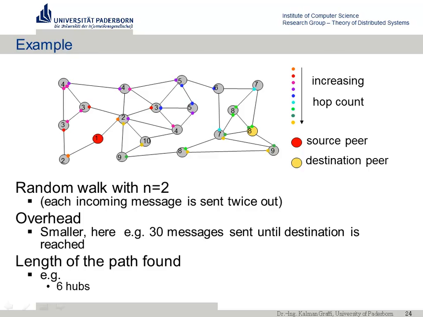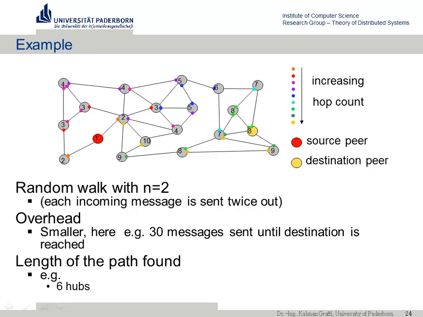Okay, so now what we have by limiting the number of messages, of course, is fewer messages. In this example, it's 30 messages sent out. However, our hop count until we reach the destination was, in this case, 7 hops.